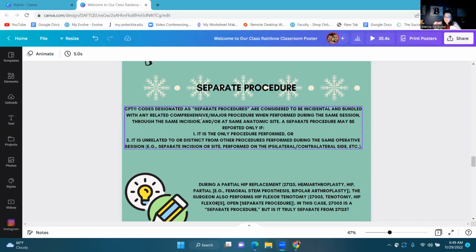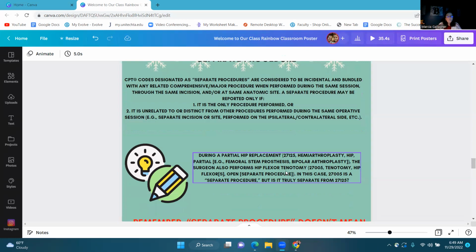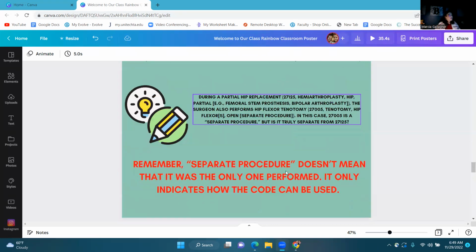So what's going to happen is the third-party payer is going to pay for the hip replacement, and they're going to pay a separate fee schedule for the knee replacement. They're two separate procedures because there's two separate incision sites. I hope that makes sense. Remember, separate procedure doesn't mean that it was the only one performed. It only indicates how the code can be used.